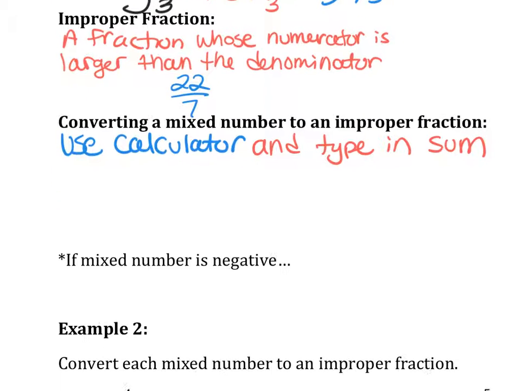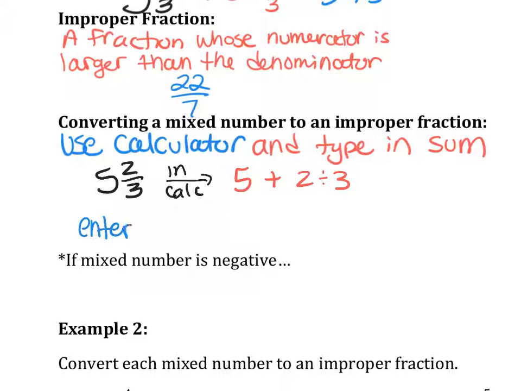So if we had that example, 5 2/3, in the calculator, you would type 5 plus 2 divided by 3. So you get all practice typing that in your calculator. Then you'd hit enter. Okay, give me a second. So you would do 5 plus 2 divided by 3, hit enter, and then use that math enter again to have it, your calculator will give you a fraction.